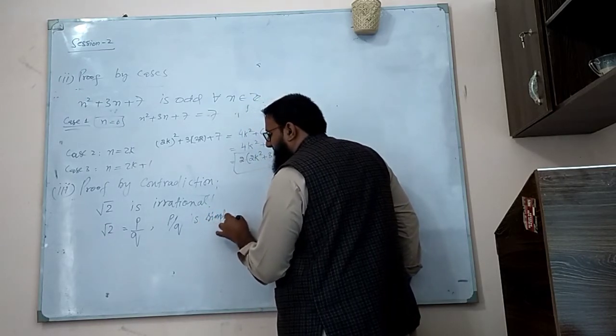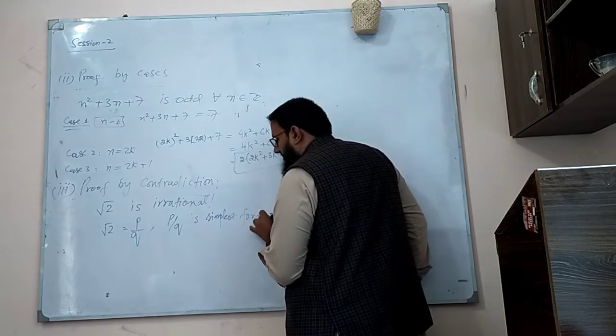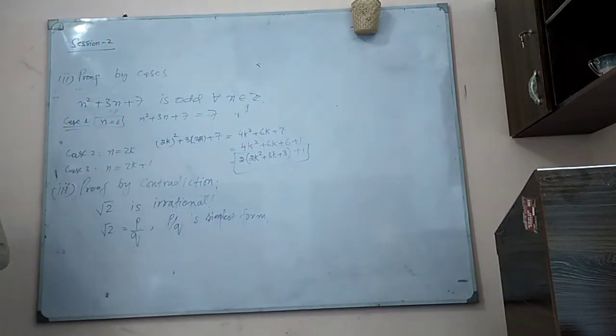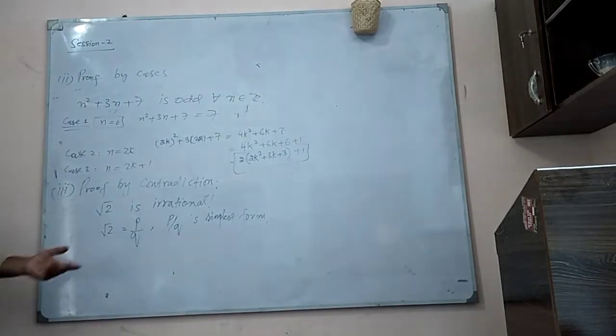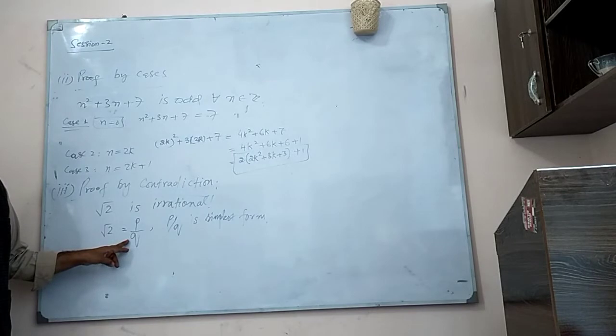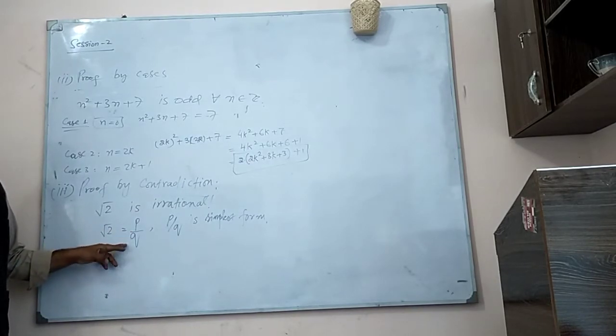Simplest form means it is in reduced form, like you cannot divide p and q by any common number. This fraction should be 2 by 3 or 3 by 4; it should not be 3 by 6, because 3 by 6 is divisible by 3.